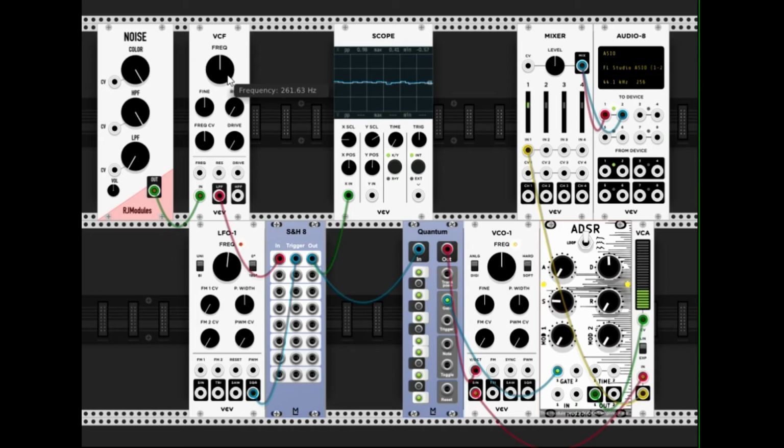So this means that we get a reduced spectrum of CV levels as well, and therefore a reduced spectrum of tones, of pitches, from the quantizer. Let me increase the VCF's cutoff frequency, going up to about 1000 hertz, for example.